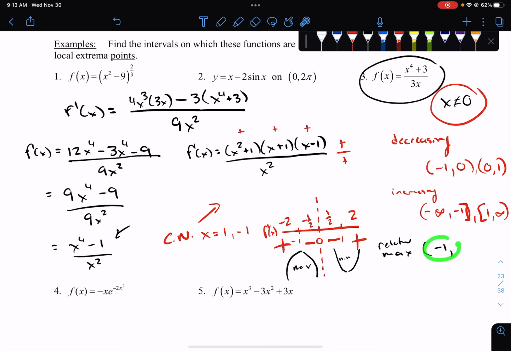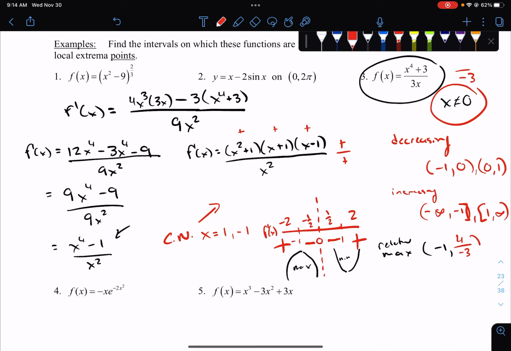We get to plug -1 back into the original function. There we go. All right. So when I plug it into the original, I get a negative 3 on the bottom, right? On the top, I get negative 1 to the fourth, which is positive 1, plus 4.